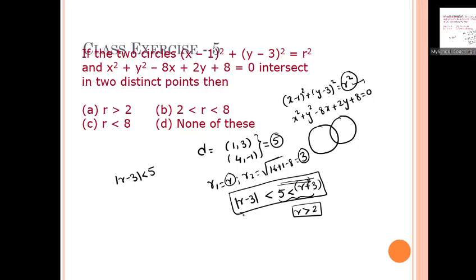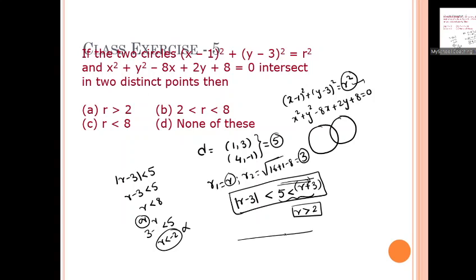Sir, second wala answer hoga, sir, B. Good, so let us see. So r minus 3 less than 5 kiya toh r is less than 8, right? Aur kya ho sakte hain? 3 minus r less than 5 bhi ho sakte hain, right? Kyunki mod hai na, plus aur minus ho sakte hain, right? So r is greater than minus 2 aayega, which is not valid. r cannot be negative hai na.